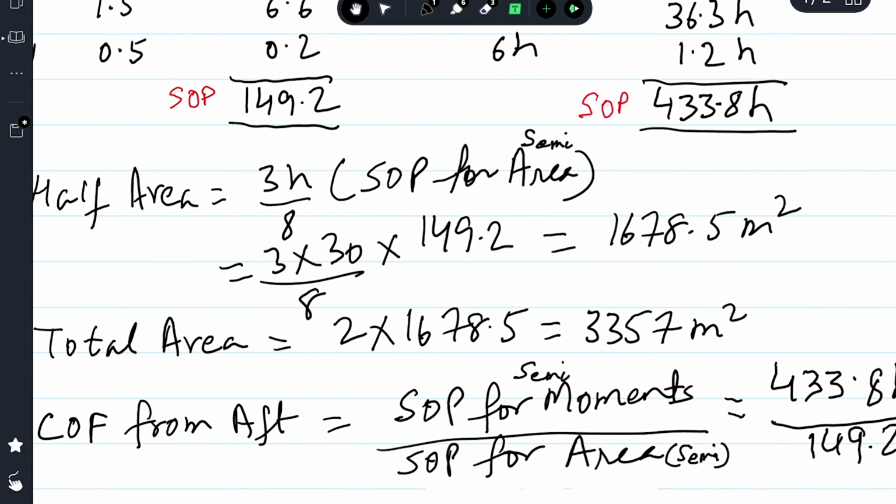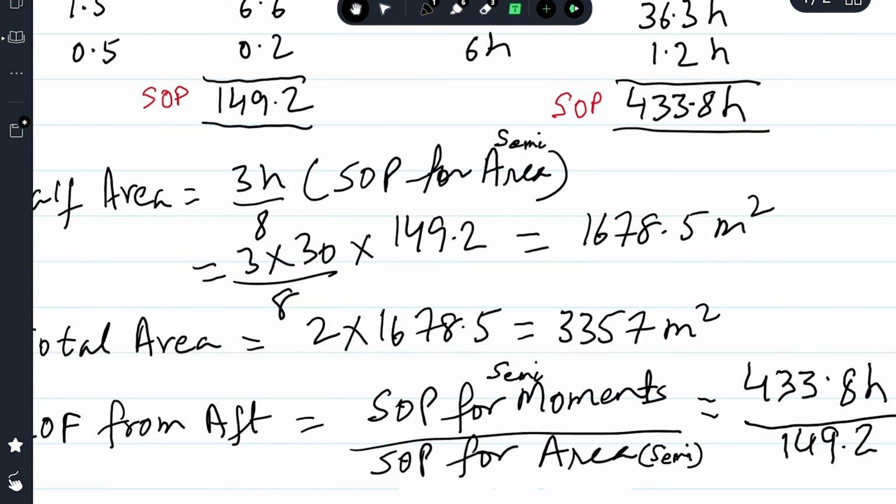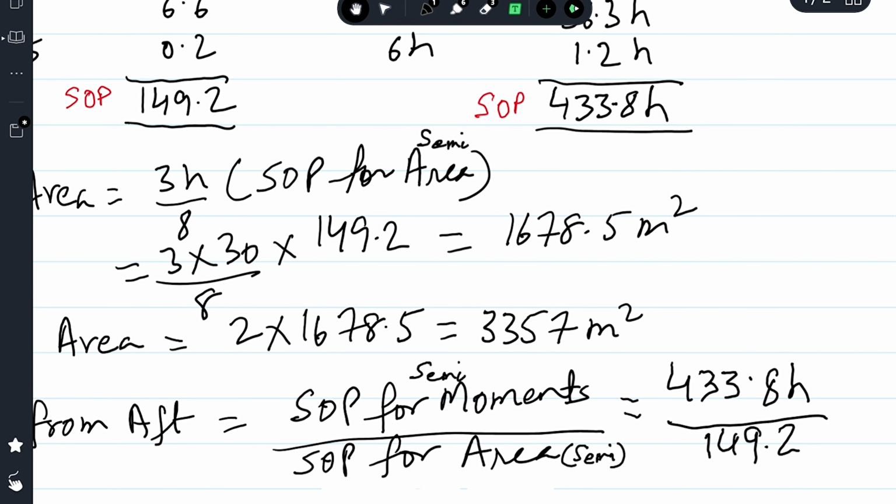This is the sum of the product for semi moments, 433.8 H divided by sum of the product for semi area, 149.2.